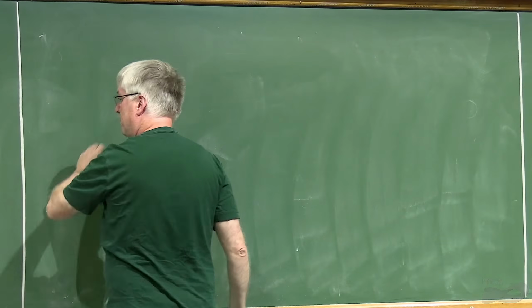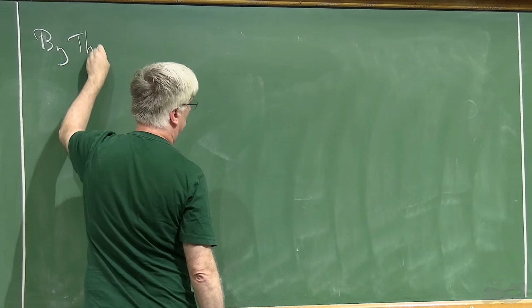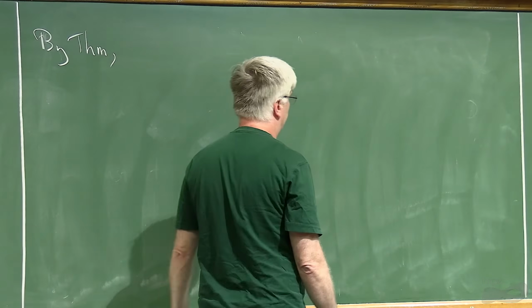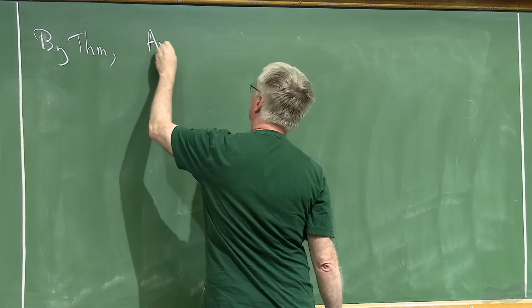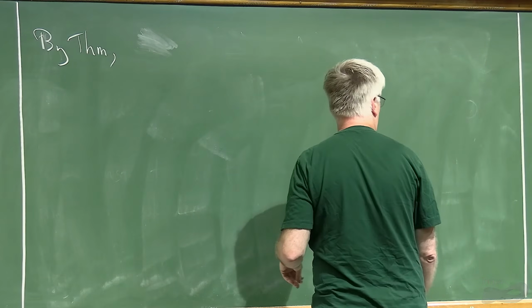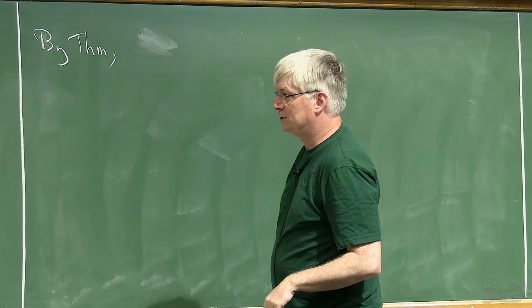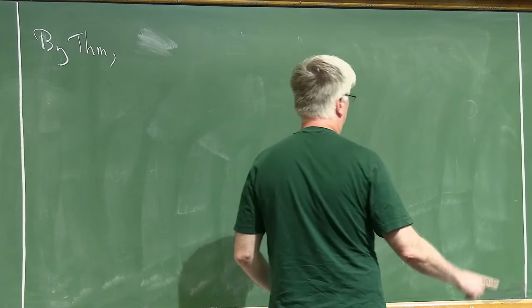So by the theorem, the area over the volume. So the area of sigma is 1, because the area of the disk is 1, and the volume is Calabi.